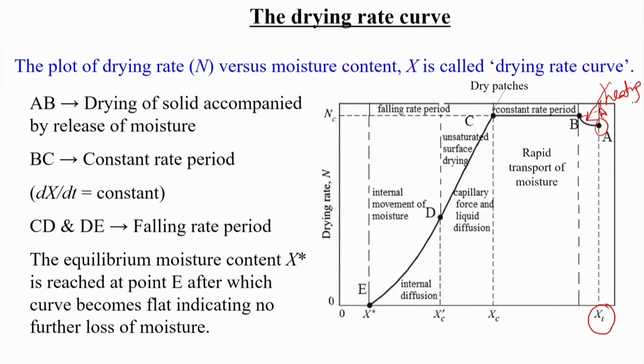This is called the heating of the wet solid, from room temperature to the particular operating condition, going from A to B. I told you earlier that in the beginning a huge amount of water vapor is there inside the wet solid, so rapid transport of moisture takes place. That is why from point B to point C it is called the constant rate period, where N becomes N_c.